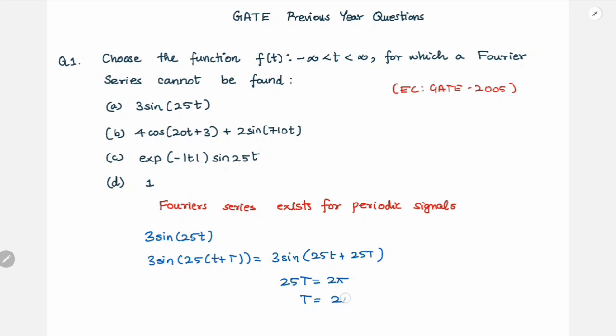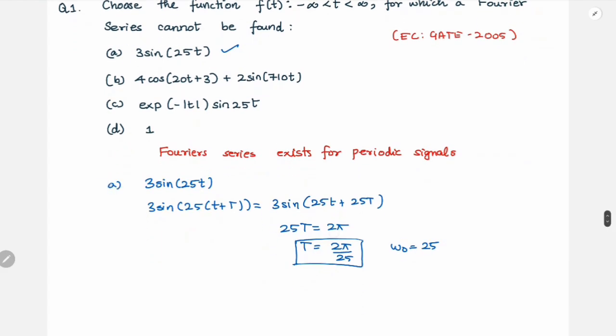So T will be equal to 2 pi by 25, and hence its omega naught is 25. So it is periodic, and the Fourier series exists for this. What about the B option?